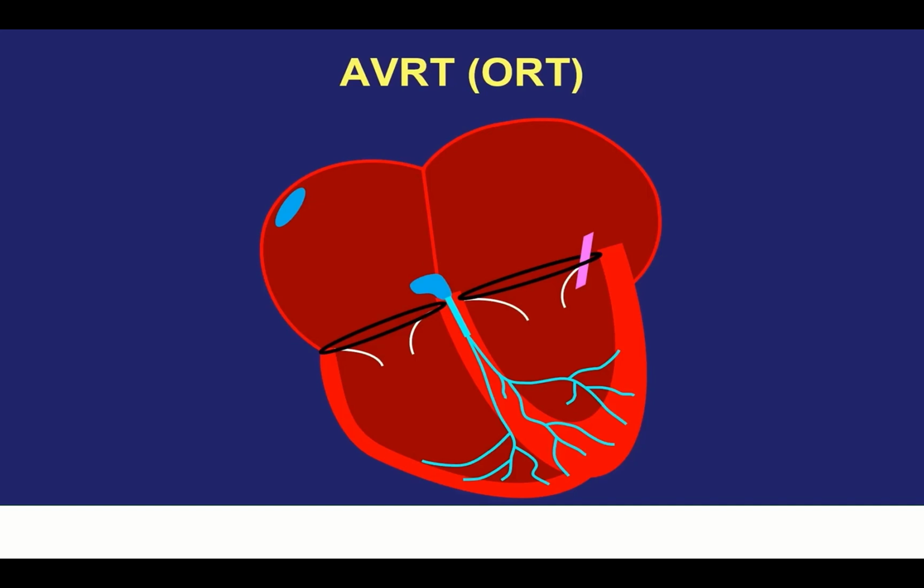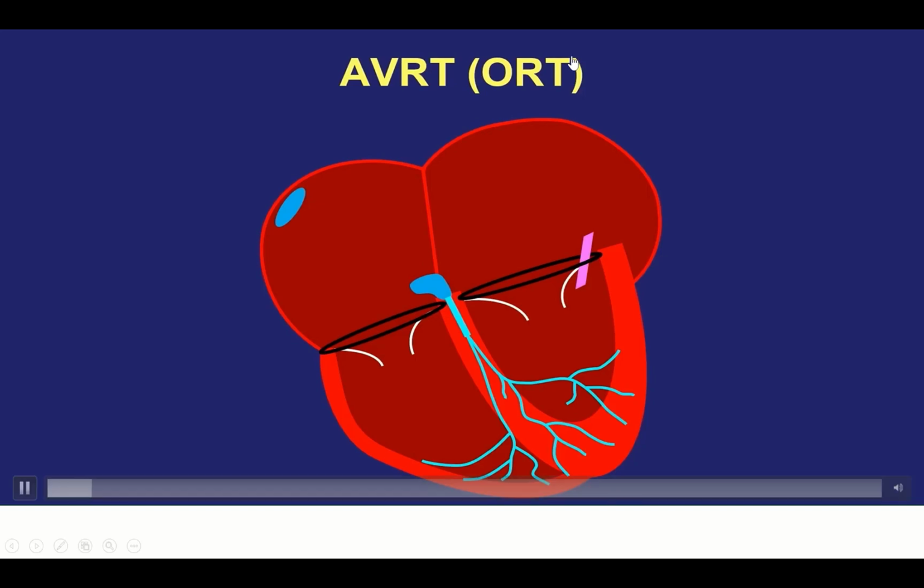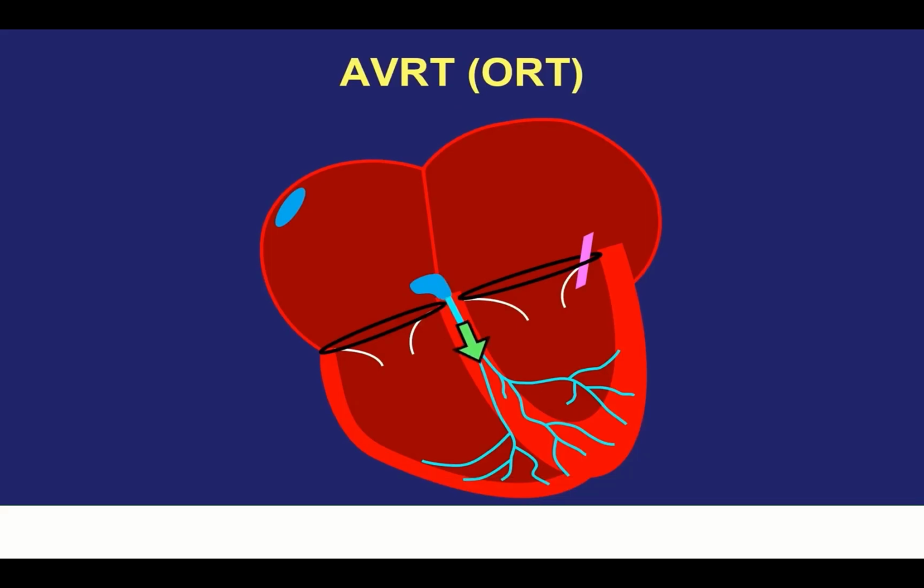And to understand all of this, we should imagine that in case of orthodromic tachycardia, we have a re-entry. Antegrade from atrium to ventricle is nodal through the AV node. Retrograde conduction ventricle to atrium is accessory pathway. And the tachycardia involves the atrium, AV node, ventricle, and accessory pathway.